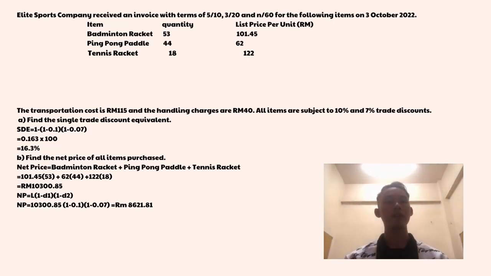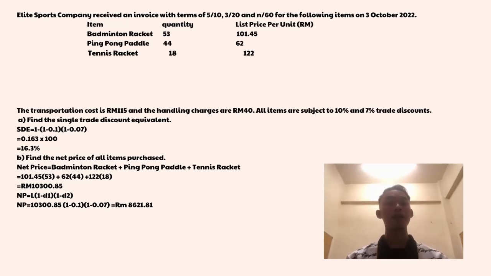Question B. Find the net price of all items purchased. List price equals badminton racket plus ping pong paddle plus tennis racket equals 101.45(53) plus 62(44) plus 122(18) equals 10,385.